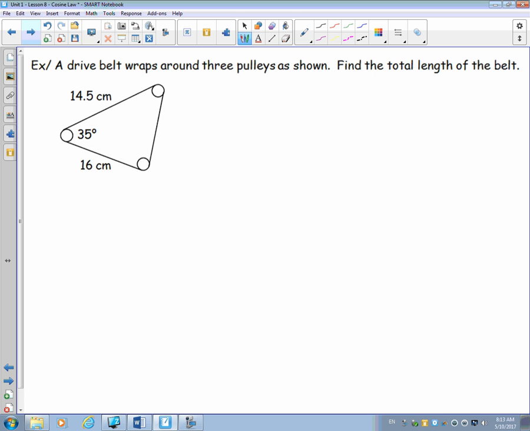So I already know one section of the belt and a second section. All I need is the third section. This is a cosine law question because here's big A and here's little a, and I know B and C. In particular, it's the first type of cosine law question where I have a known angle.